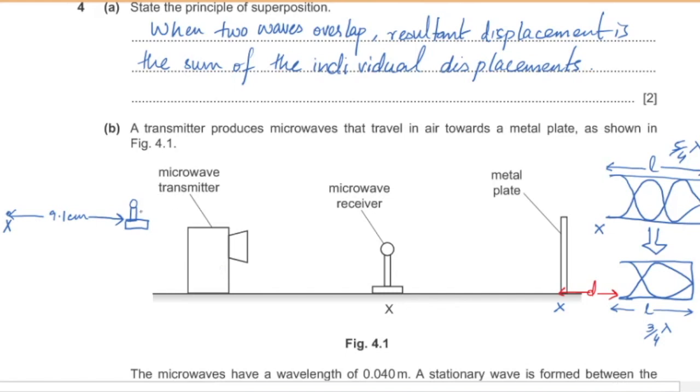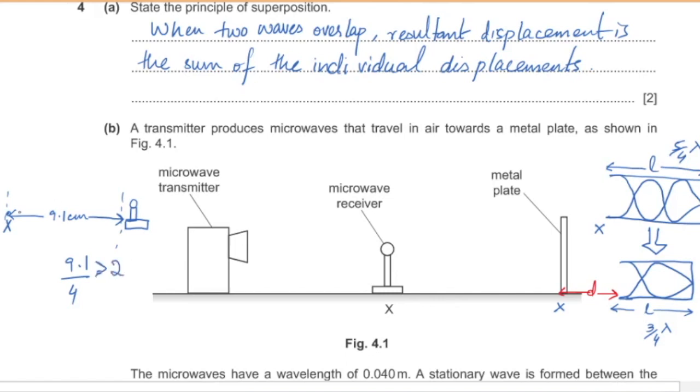this receiver. From position X until this position, we know that some waveform will form, and the wavelength is 4 centimeters. This means that in this gap, 2 complete cycles fit, because dividing 9.1 by 4 centimeters gives you something greater than 2.